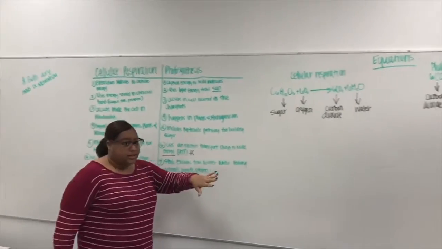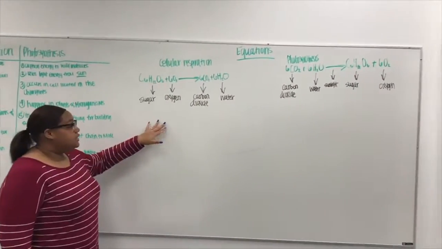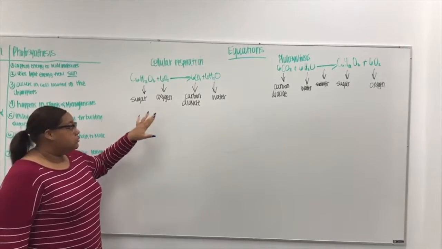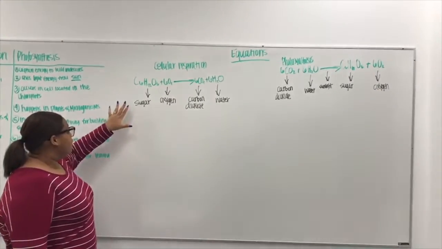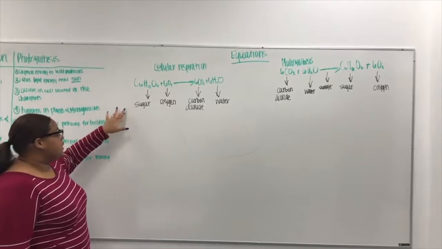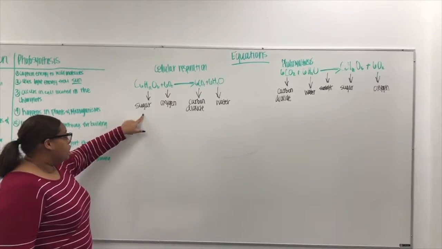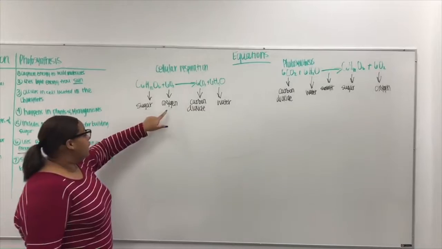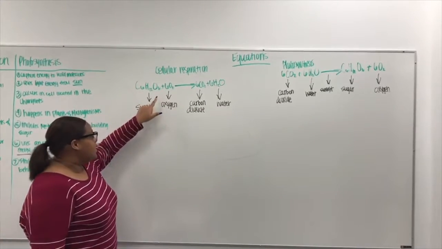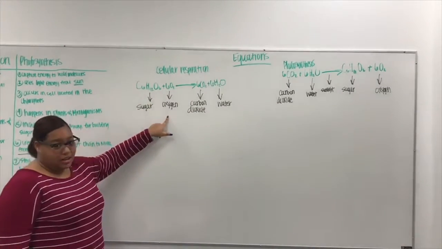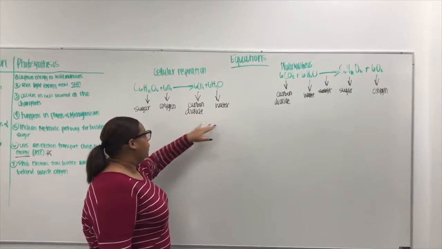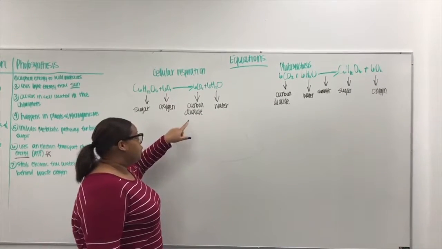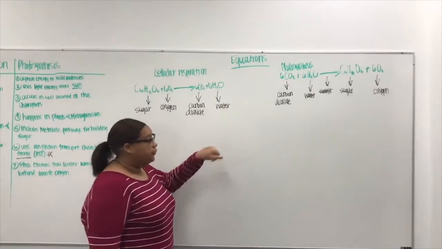Now over here, class, these are the equations for cellular respiration and photosynthesis. So you have cellular respiration, which is C6H12O6, which is the sugar, and 6 O2, which is the oxygen, of course. And the products of that are carbon dioxide and water, which is 6 CO2 plus 6 H2O.